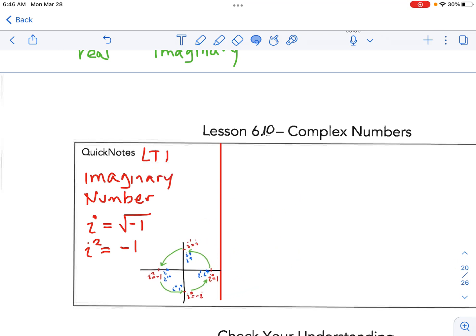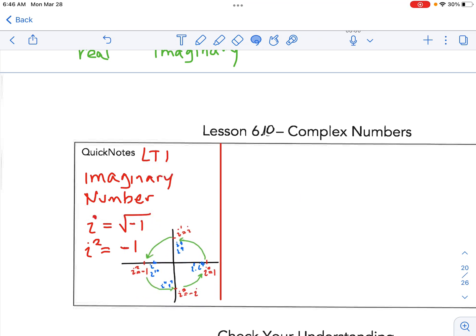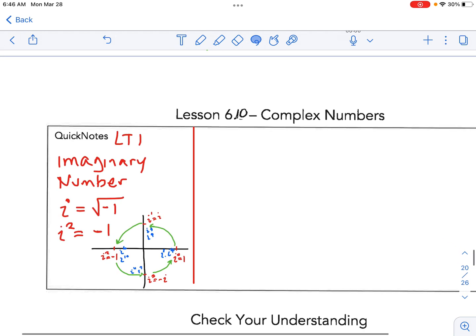Maybe make it a wee bit smaller, and I put that right there. So we have that wheel where we can process any power of i. Okay, the second learning target, 2, is simplifying radicals.